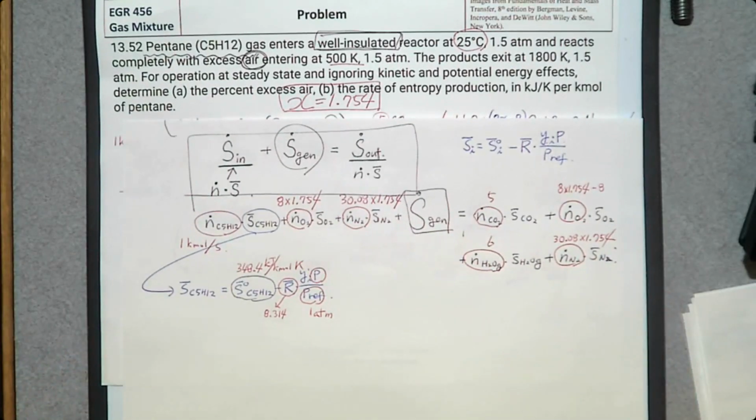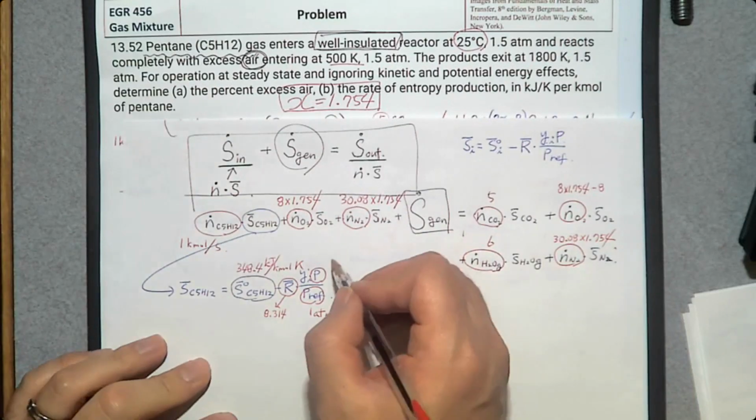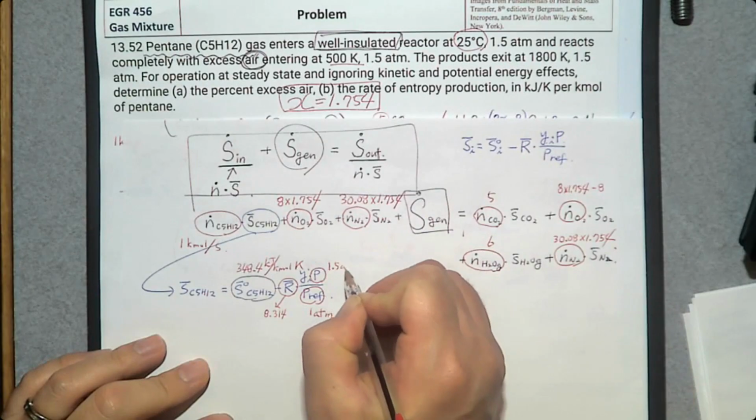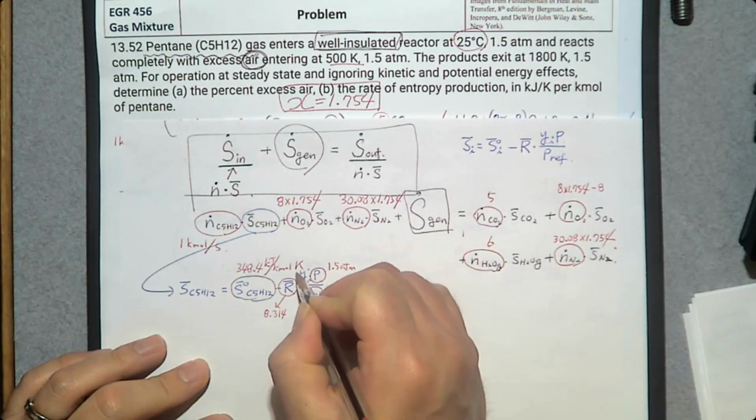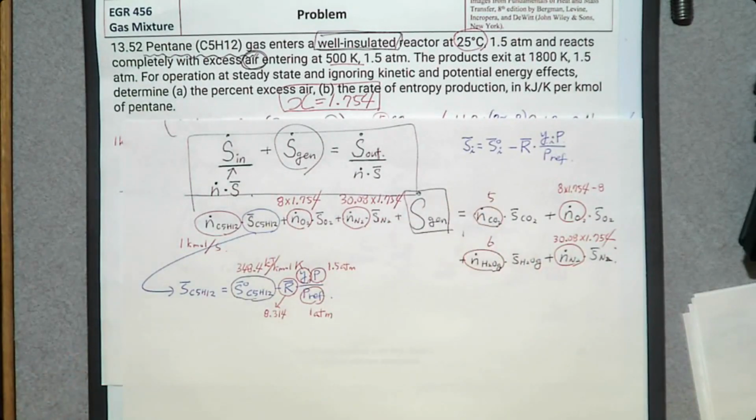At the inlet, 25 degrees Celsius, 1.5 atmospheric pressure. What is the partial pressure of this? What is the mole fraction of pentane?